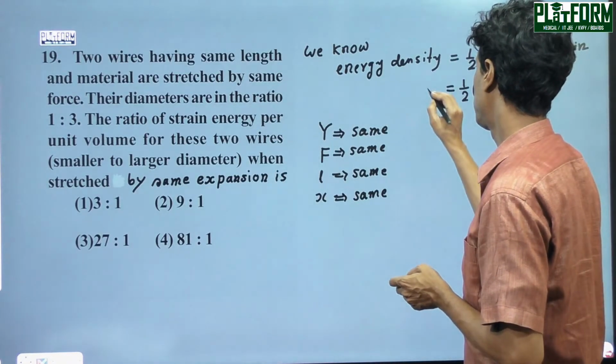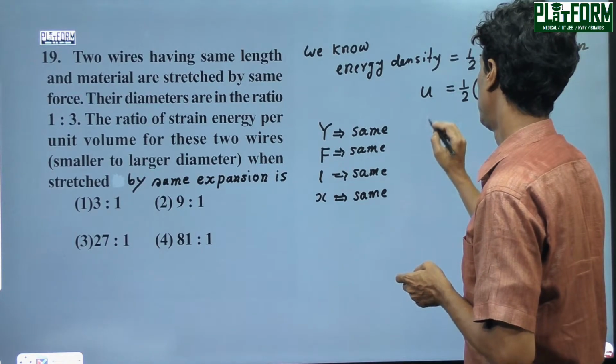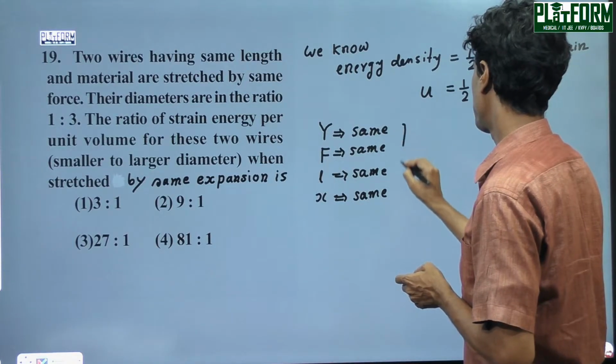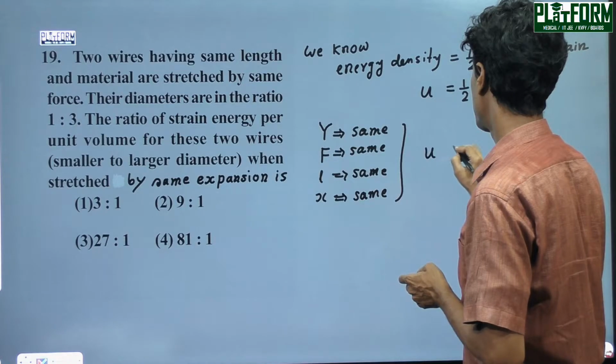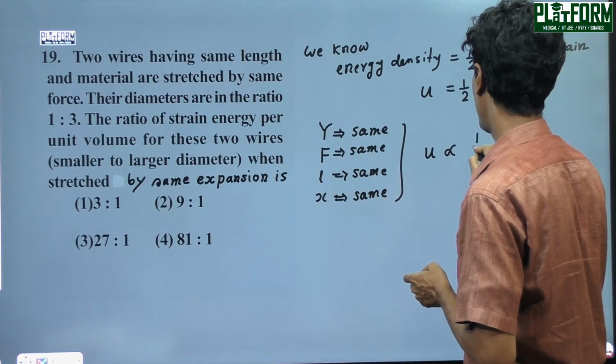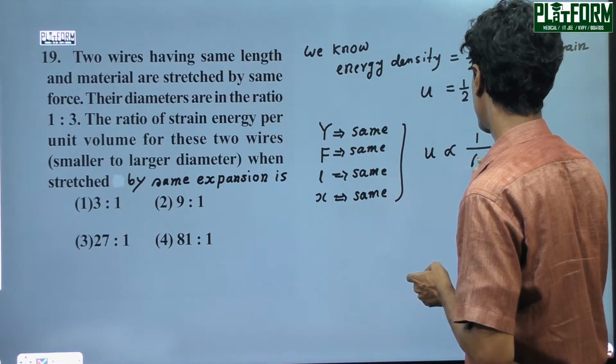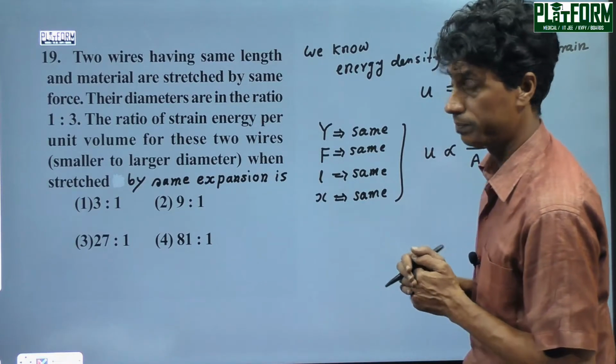Therefore we can say the energy density is proportional to 1 by the cross-sectional area of the wire.